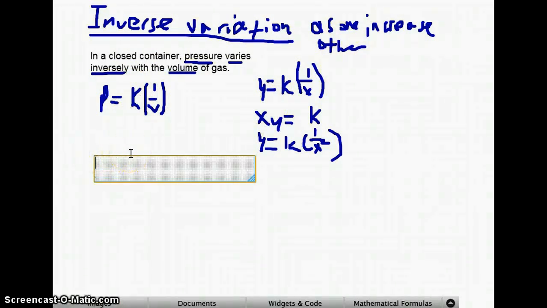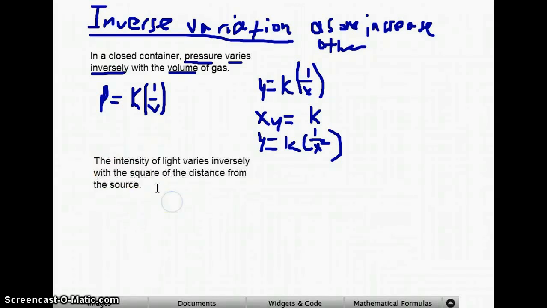Now if I have the intensity of light varies inversely with the square of the distance from the source. Okay, so we see here that intensity varies inversely with the square of the distance.